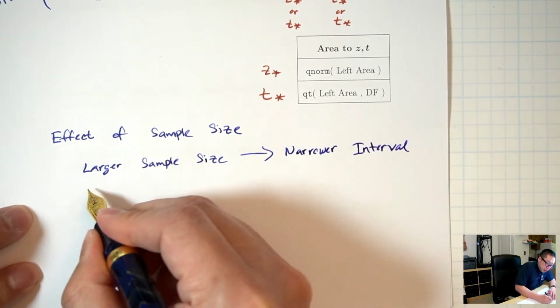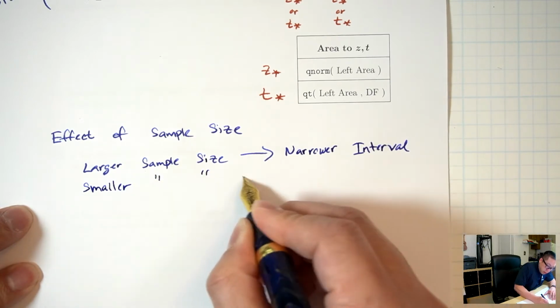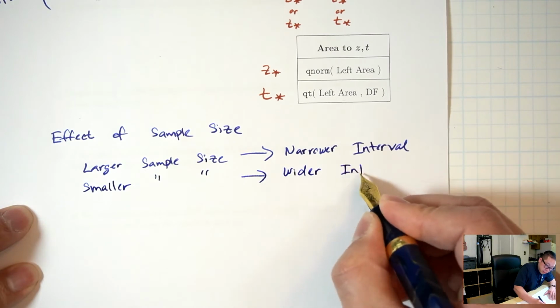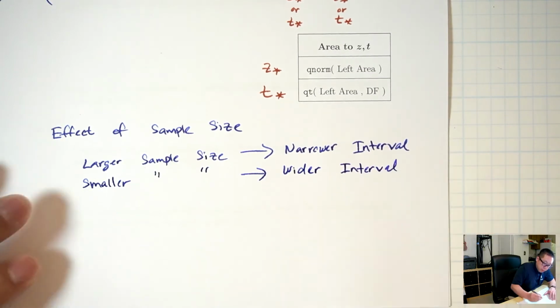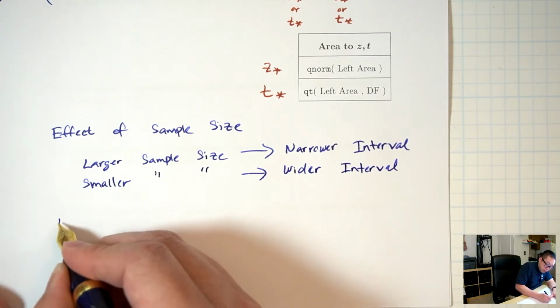Which means a smaller sample size should give you a wider interval. And then what's the effect of the confidence level?